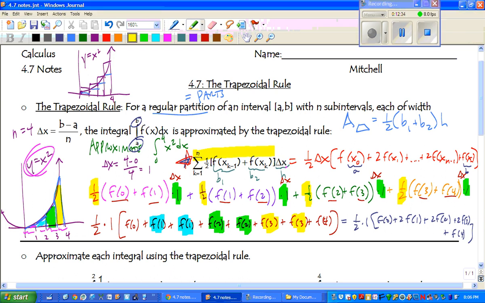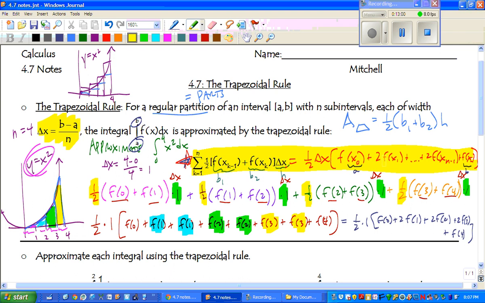So when we're doing these problems, we're going to follow this equation and this pattern: 1/2 times the change in x, which we can find over here, times f of a plus 2 times f of the next subinterval. So we start over here at 0. Once we find delta x, we can find these other values.